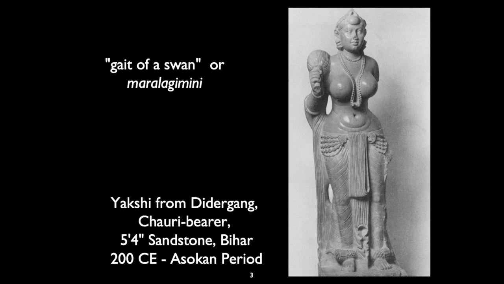Now, this particular statue is quite old, about 200 AD or CE, and yet it bears the very sort of classic Hindu elements of this sort of voluptuous, idealized body.